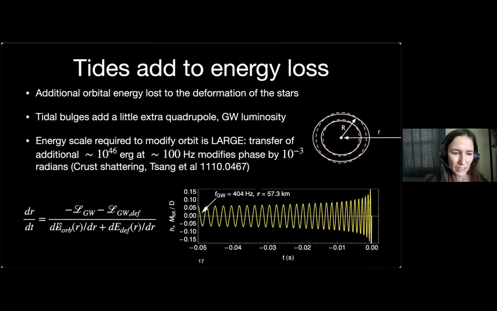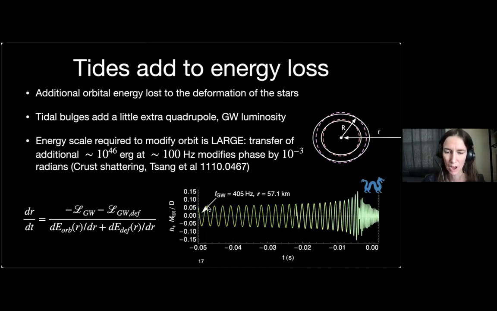And our orbital energy, binding energy, is joined by the energy to distort the star from its equilibrium spherical configuration. So this will modify the equations that describe how the stars evolve, the orbital separation changing over time. And that in turn modifies how the orbital pattern changes over time as recorded in the gravitational wave strain.